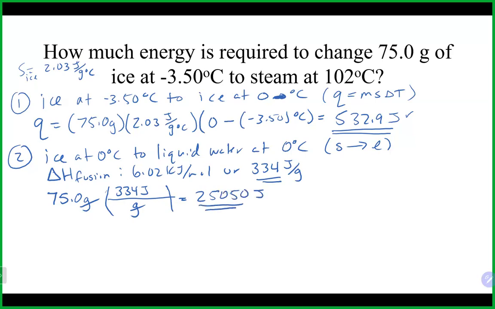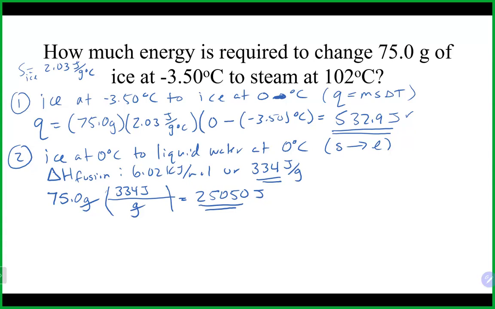So that is the amount of energy required to take my ice at 0 degrees and turn it into water at 0 degrees, the amount of energy needed to be put into the ice to get it to melt into liquid water at that point. Any questions on that so far?